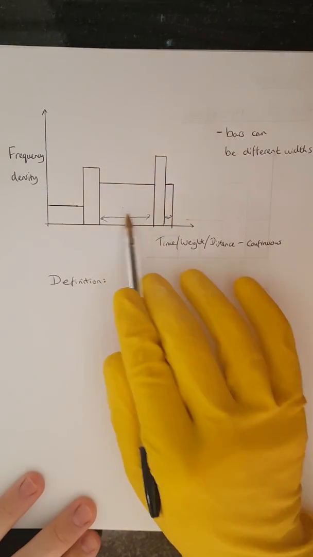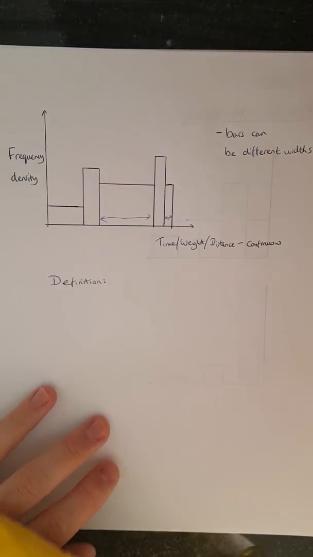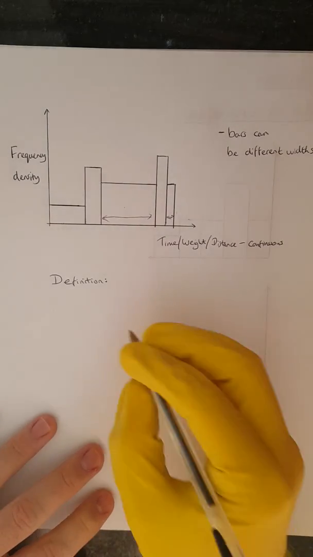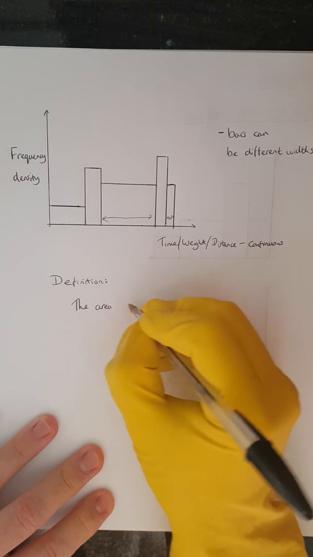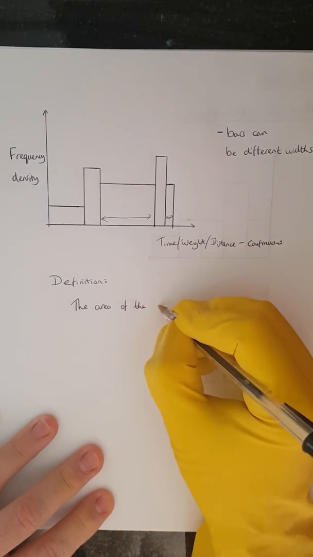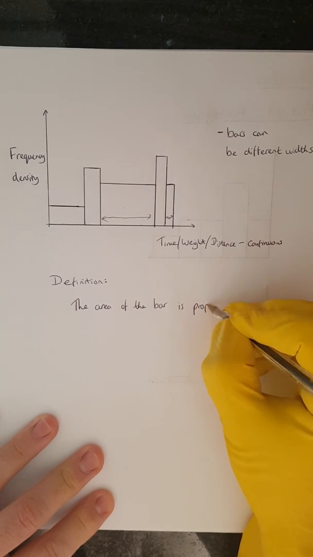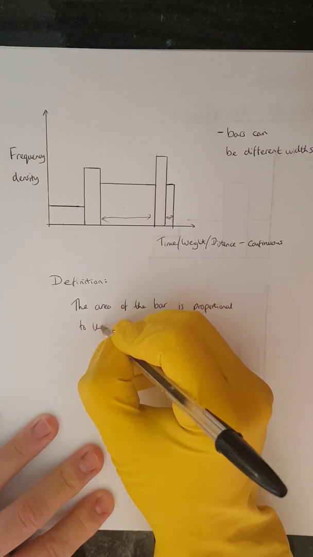Which of these bars contains more people? That's the question. Well, let's define a histogram then. The area of the bar is proportional to the frequency.